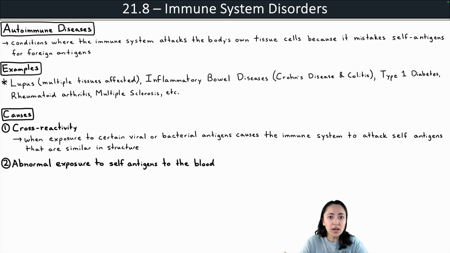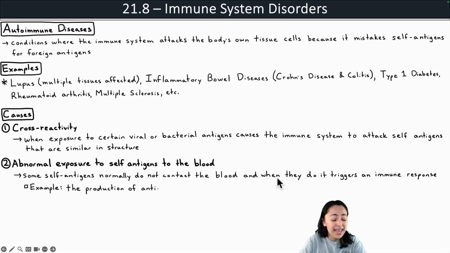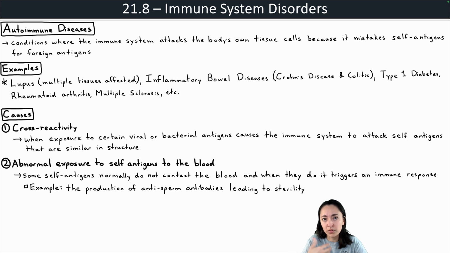Another thing that can lead to autoimmune diseases is abnormal exposure of self-antigens to the blood. Some self-antigens normally do not contact the blood, and when they do, it triggers an immune response. An example of this would be the production of anti-sperm antibodies leading to sterility. The sperm cells in males should never come in contact with the blood within males. They're protected by what we call the blood-testes barrier.